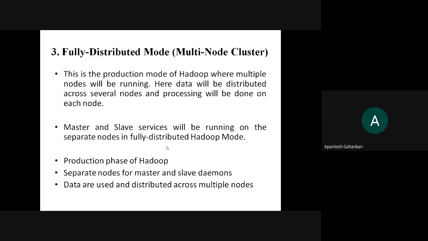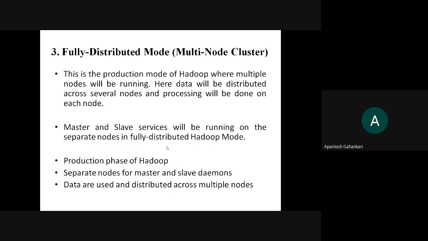Then the third mode is your fully distributed mode, that is multi node cluster. Okay, so this is a production mode. That means whatever you wanted to test, you have tested it, and after testing you are using the real life version of Hadoop. That means now your data will be geographically distributed, that is you are using distributed nodes.